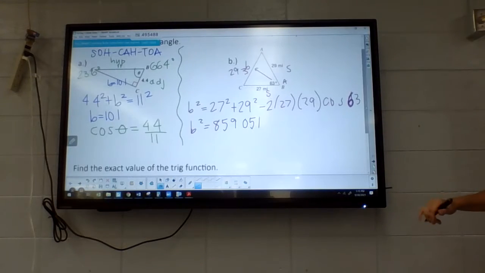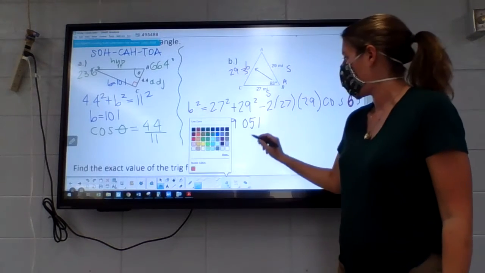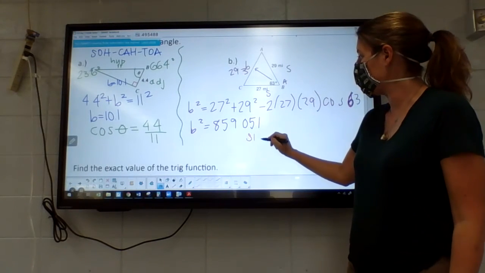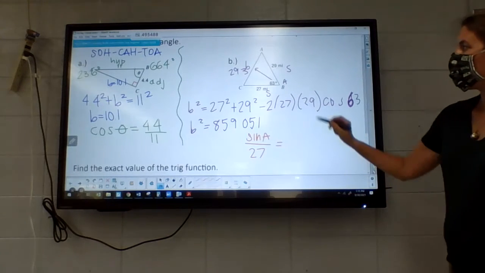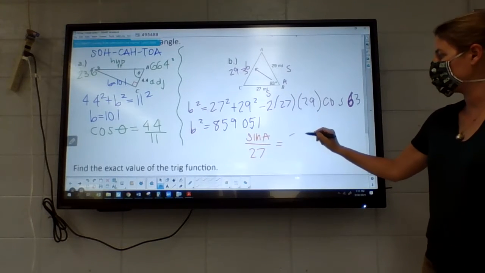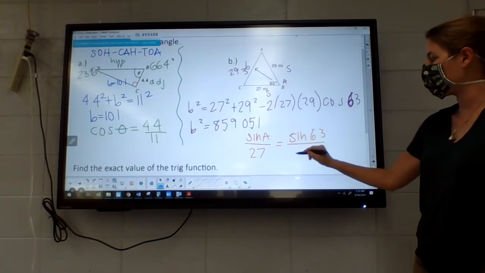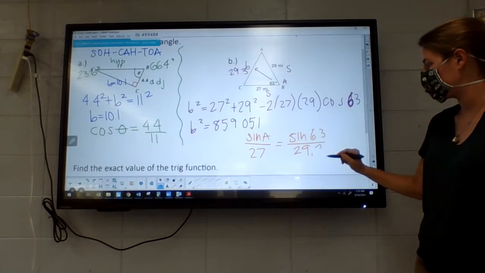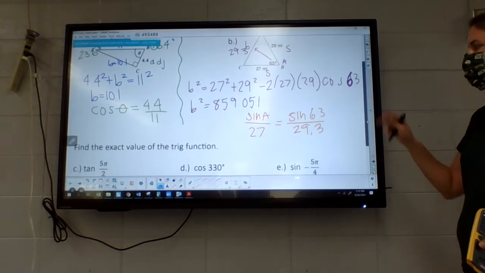So at this point, I'm going to do sine of A goes with that 27. And then sine of 63 is going to go with my 29.3 side. And again, I have to cross multiply. I'm going to end up doing the inverse sine of this whole thing.